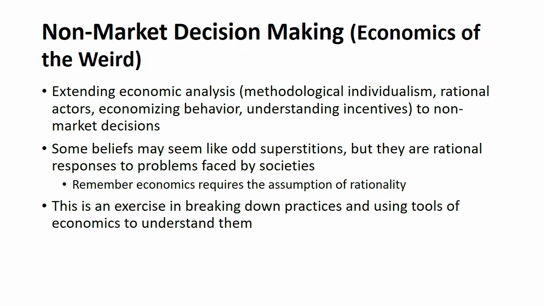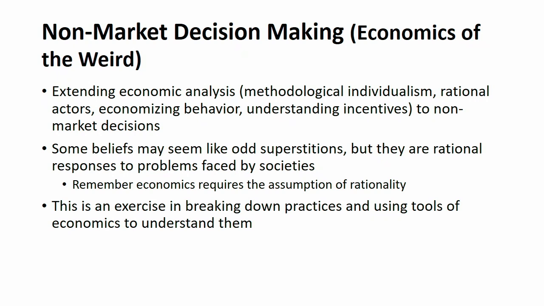So for the next half of this class and half or so of next class, we're going to use the tools of economics to look at some weird things. We'll look at non-market decision making. So we'll extend our ideas of methodological individualism, so focusing on people instead of groups, rational actors, and again, from an economic sense, not from a normal standpoint of how we think of rationality.